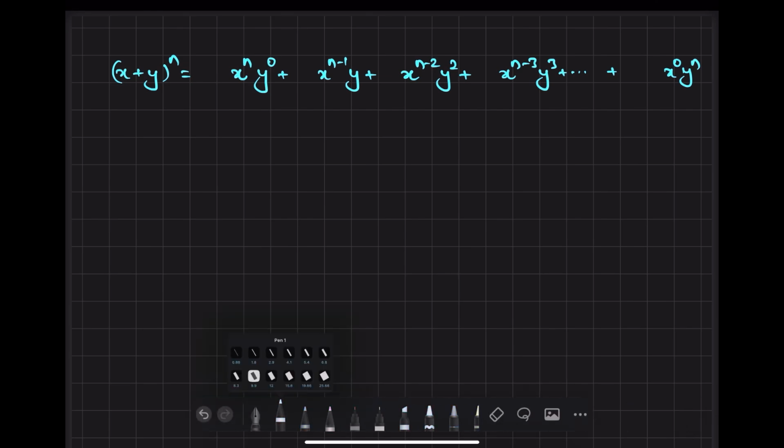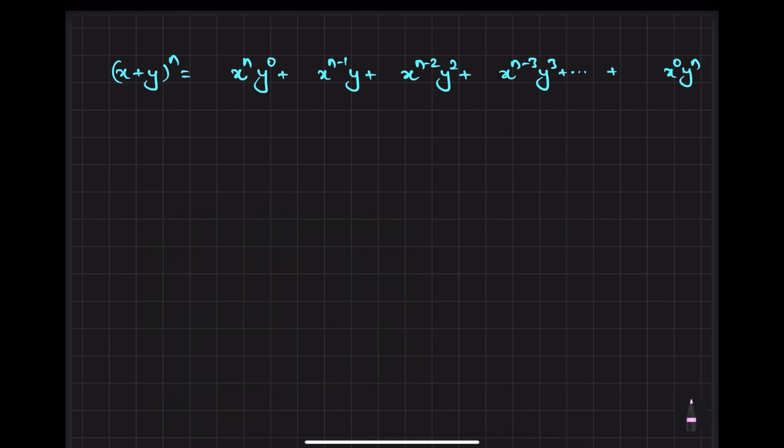Right now we have only one hope to find its coefficients, and that is Pascal's triangle. Let me write down that Pascal's triangle one more time.